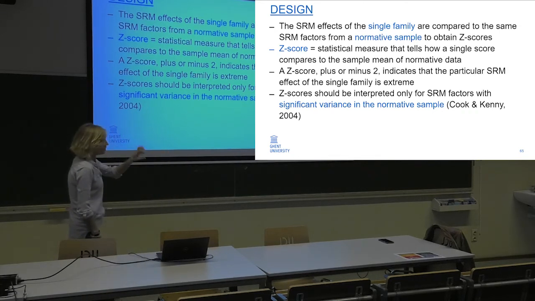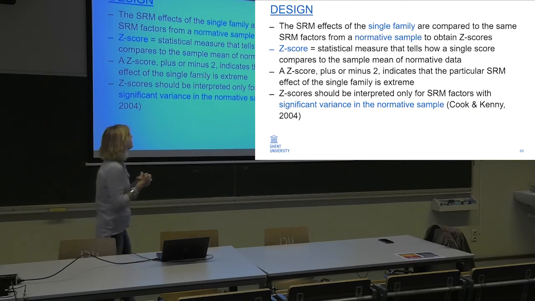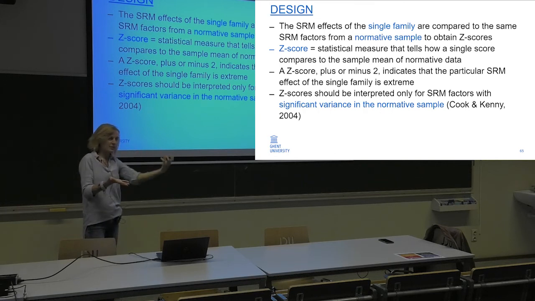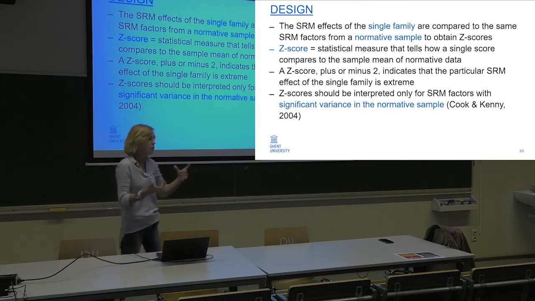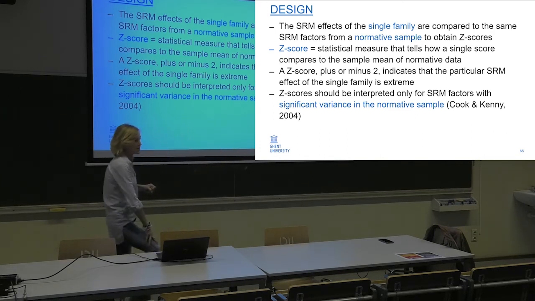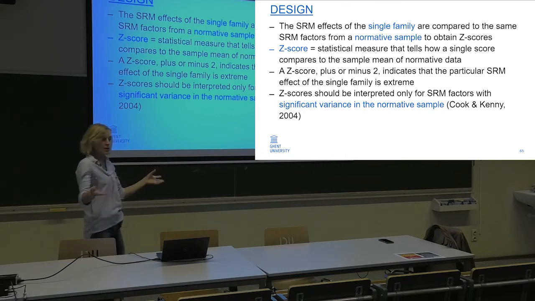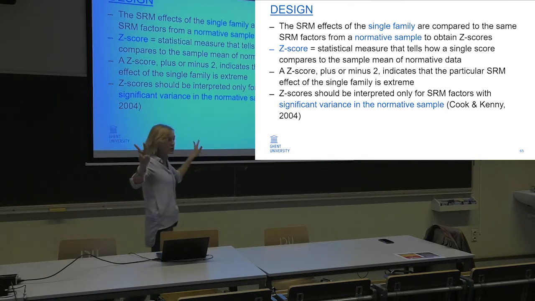This is one single family, and I will give some context about what that family is all about. And then you compare this family to a normative group, a group of families. Yeah? And you do that by Z-scores. So you know that if the Z-score is less than -2 or more than 2, then you have extreme scores.